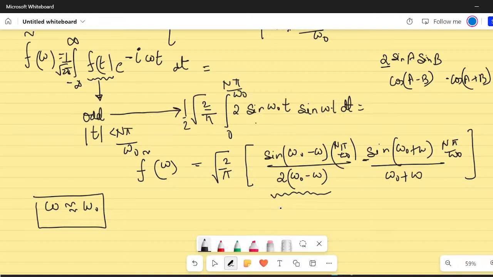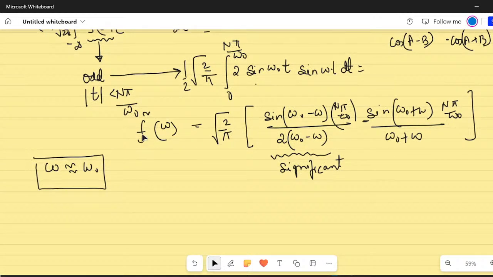You can say that this is the more significant term than the other one. So in the close vicinity of omega naught, you will find that this term has a larger contribution. Okay, and I would actually discuss this particular Fourier transform in the limit omega around omega naught.